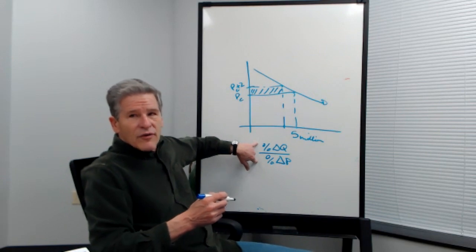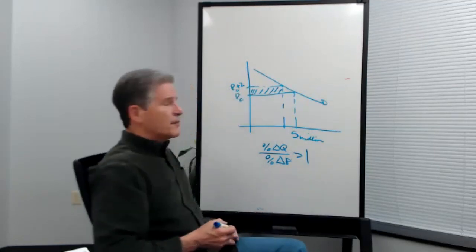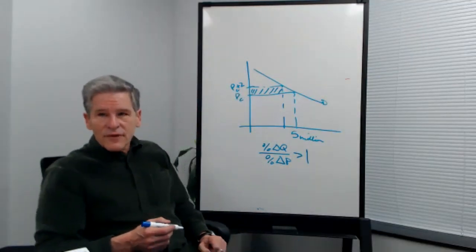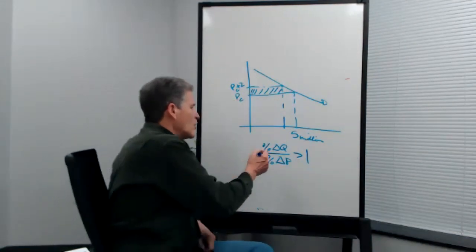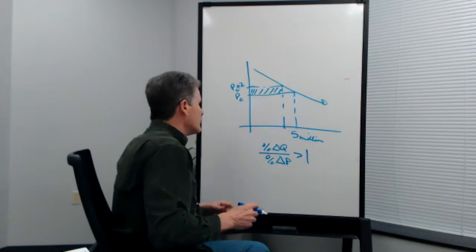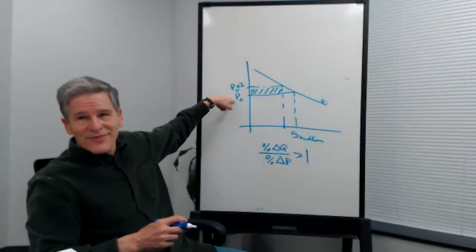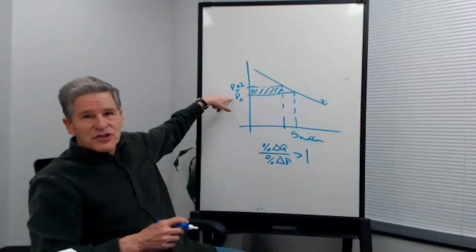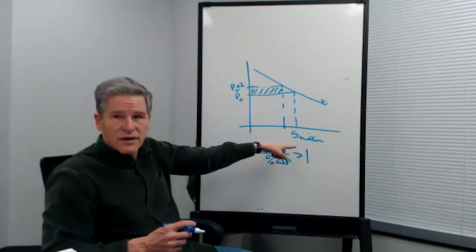We know that this is greater than 1. Okay? But without knowing this price, I just know that this thing here is less than 10 million.